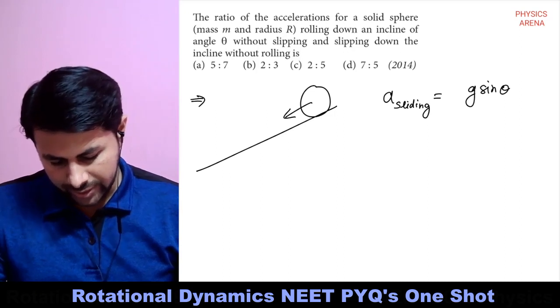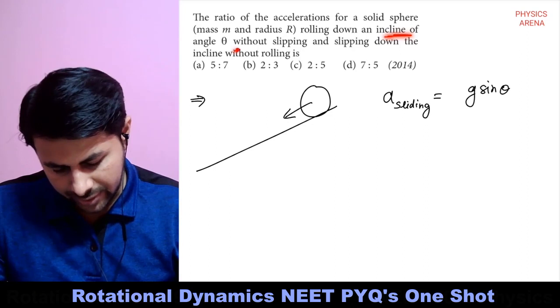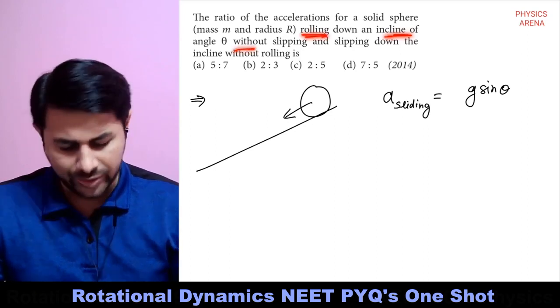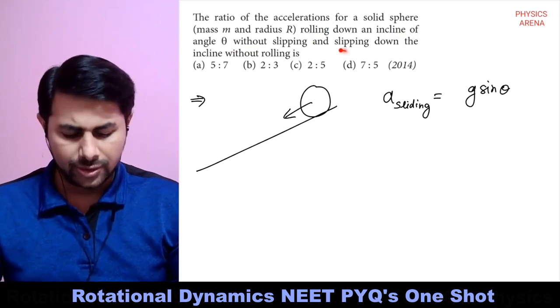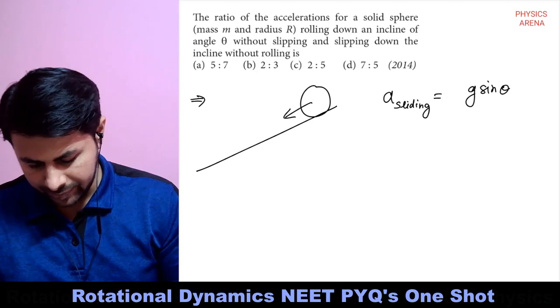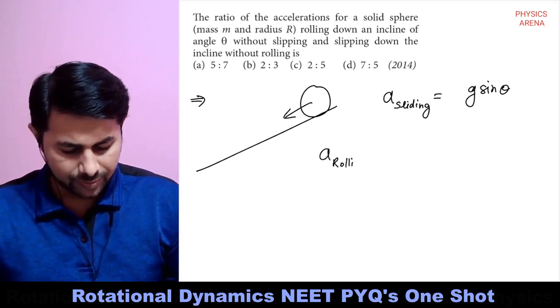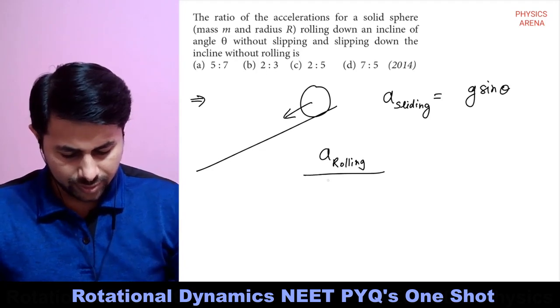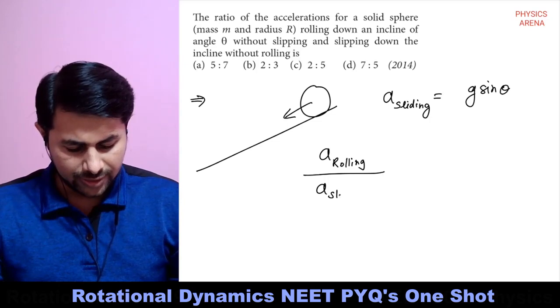So we want the ratio of acceleration rolling down without slipping to slipping down without rolling. So we want the ratio of acceleration of rolling to acceleration of sliding.